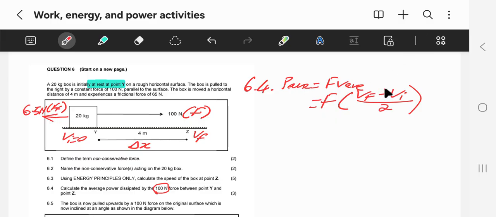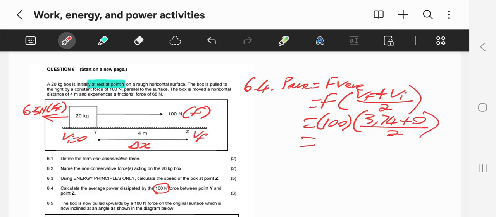Actually, it should be added, not subtracted, right? Because if we are looking for an average of something, we normally add everything that we have and divide by the total of those things. So when we proceed, this will be our force, 100 newtons, and our final velocity, we found it to be 3,74 plus our initial velocity, which in this case was 0, and we divide all of this by 2.